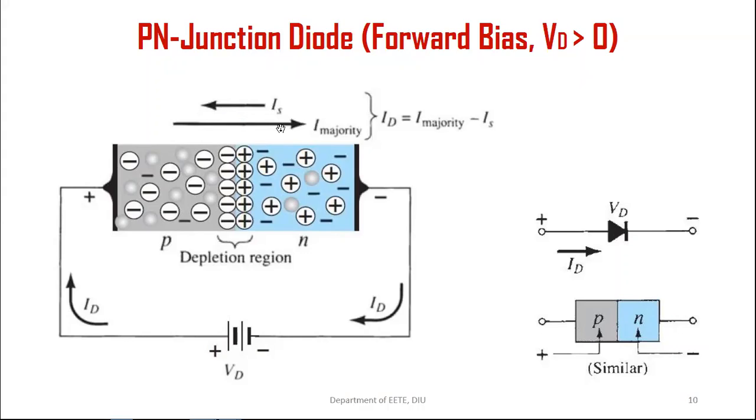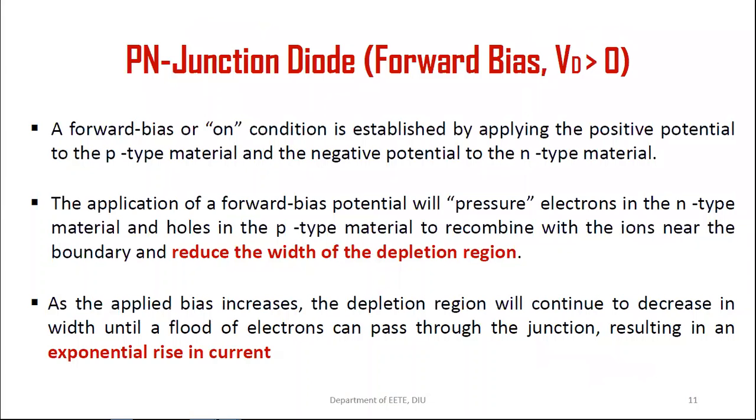As the majority carriers are much more, the current is also bigger, so the difference will be a bigger value. It will not be zero, just like with no bias voltage, there will be a current flowing in the majority current direction. You see that the current will flow in this clockwise direction. That's how the current is generated in forward bias. I think you understand.